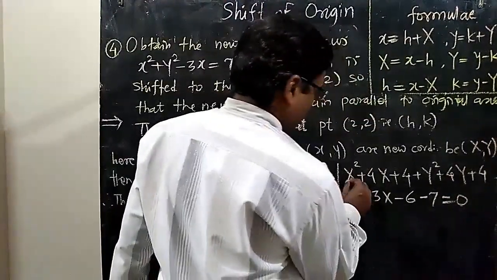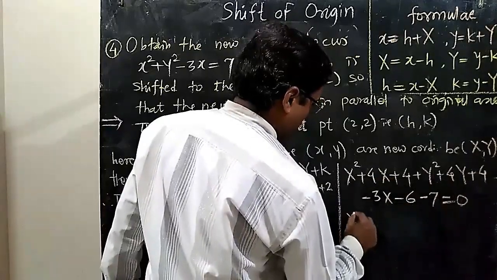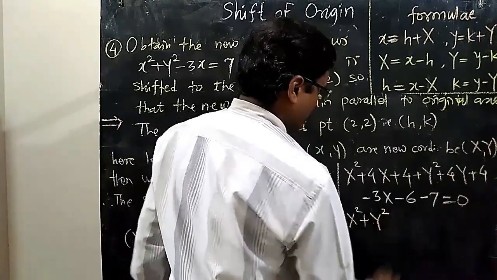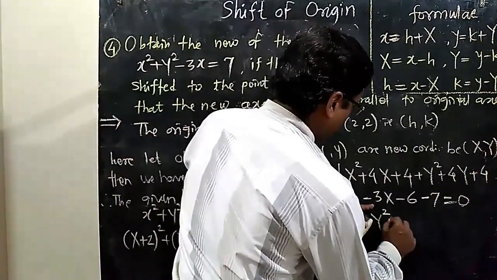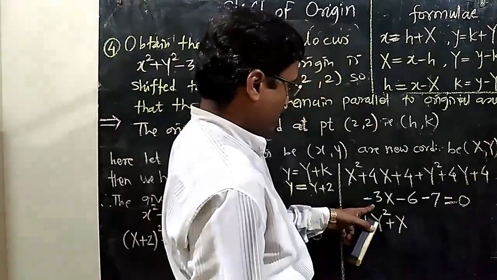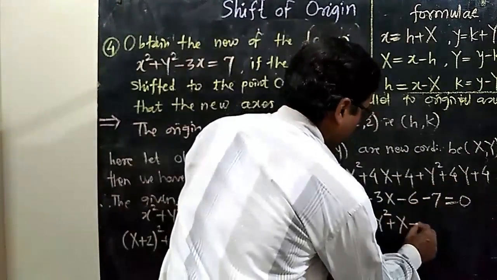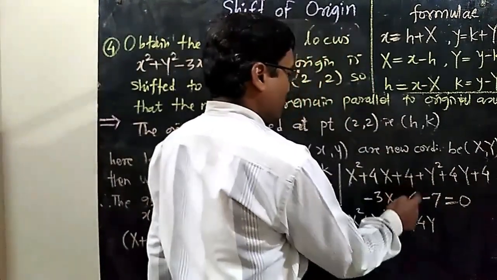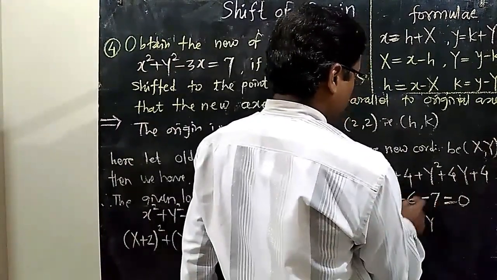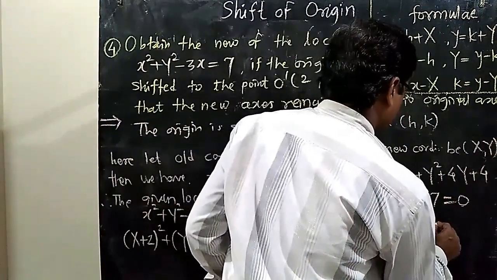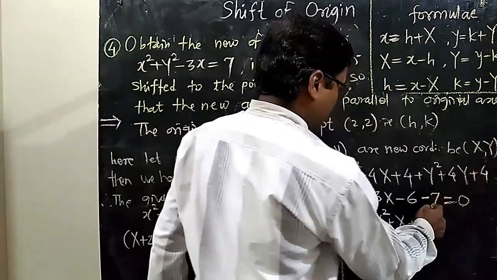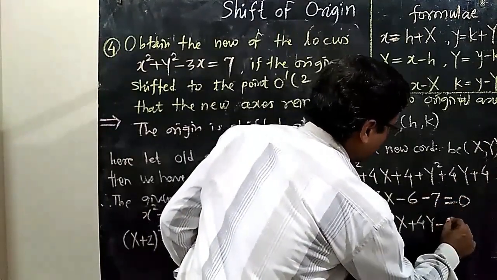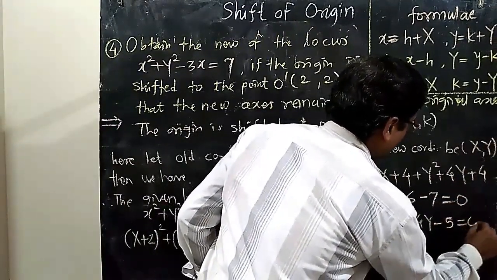If you observe here, X square is a single term, Y square is a single term. So write it as it is, X square plus Y square. Now 4X minus 3X is only single X. 4Y as it is. Then constants 4 plus 4 is 8, 8 minus 6 is 2, 2 minus 7 is minus 5, equal to 0.